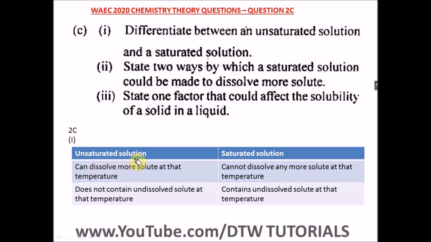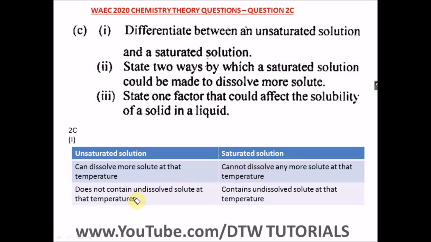An unsaturated solution can dissolve more solutes at a particular temperature, while a saturated solution cannot dissolve any more solutes at that temperature. In an unsaturated solution, you can keep on adding more solutes and it will keep on dissolving. But a solution is said to be saturated when more addition of solutes would not dissolve because it has gotten to its point of saturation.